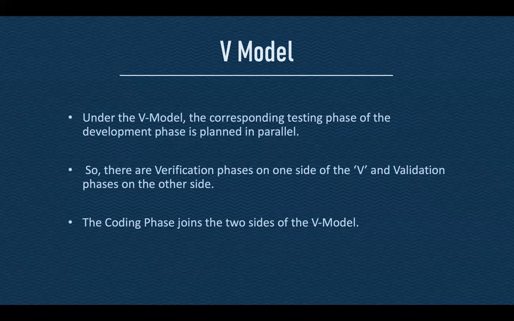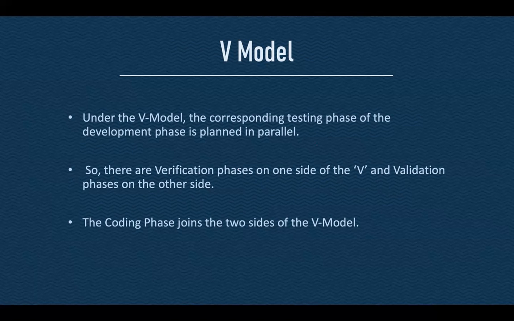A number of different SDLC methodologies are used today, and the V-model is one of them, also known as the verification and validation model, which is developed from the waterfall model and is characterized by a corresponding testing phase for each development stage. This model is useful when there are no unknown requirements.